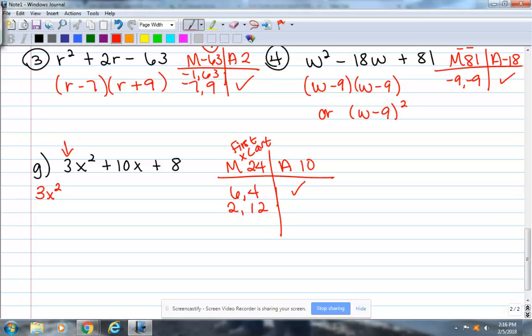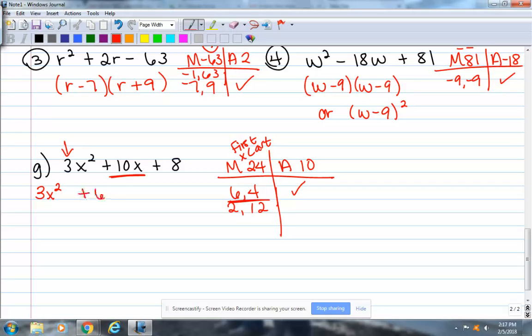Okay, so I'm going to use my 6 and 4. And where I'm going to use it is I'm going to substitute them right there in the middle where that 10 is. So they're both going to get an x.